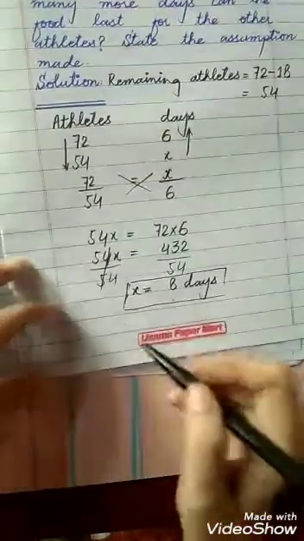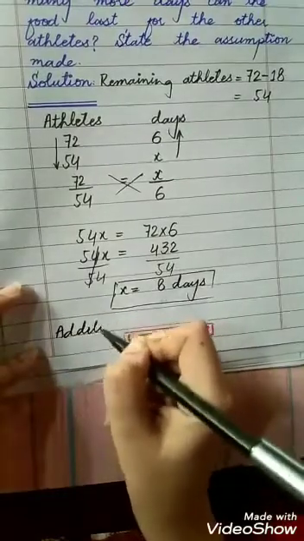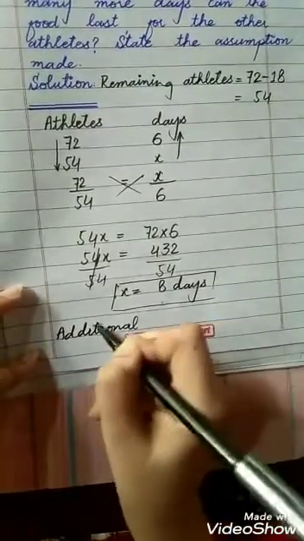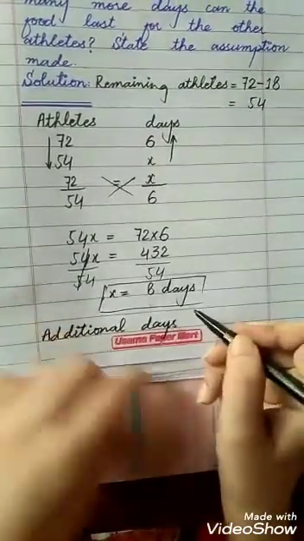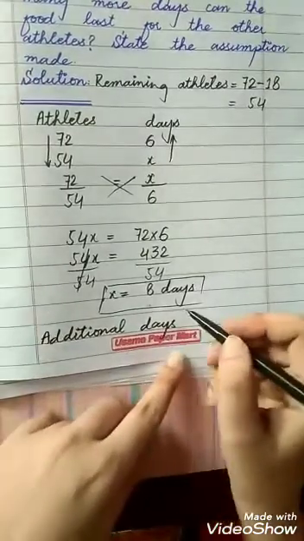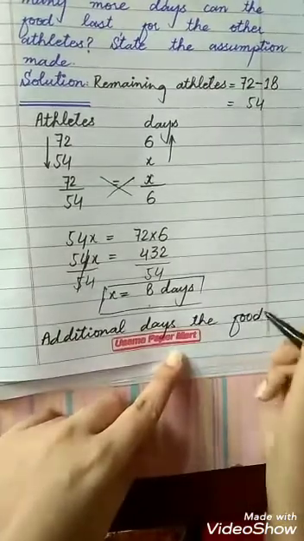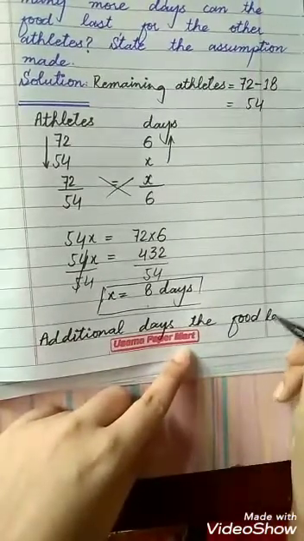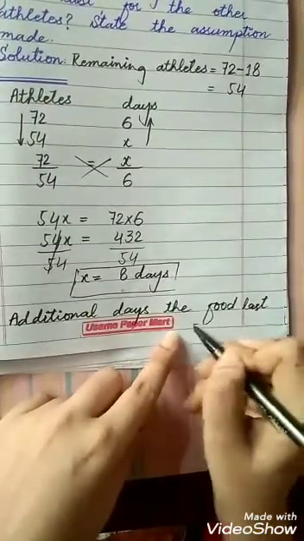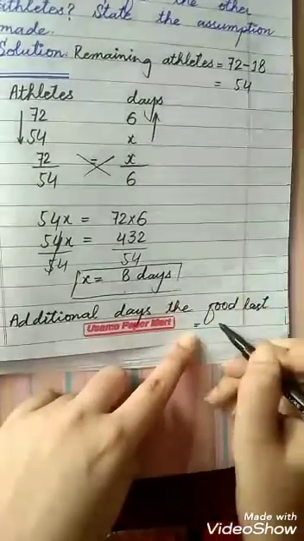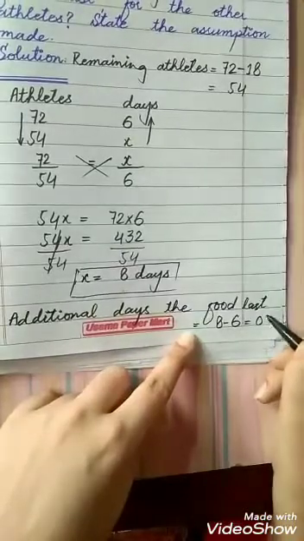So additional days. Because firstly days were 6, additional days the food lasts: total 8 days minus 6, that is 2.